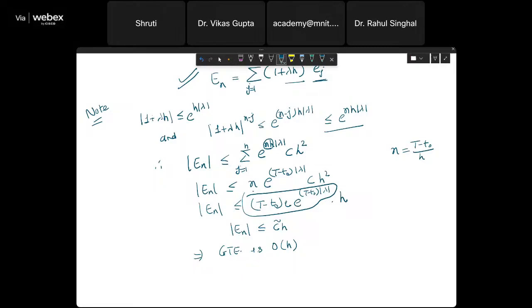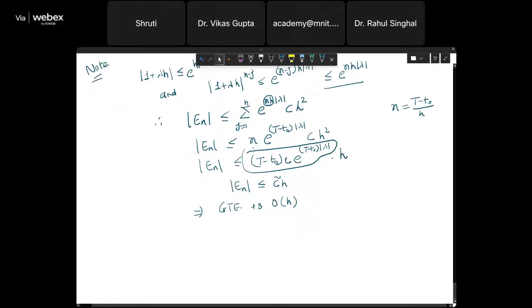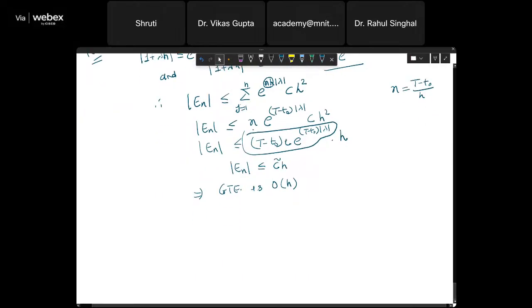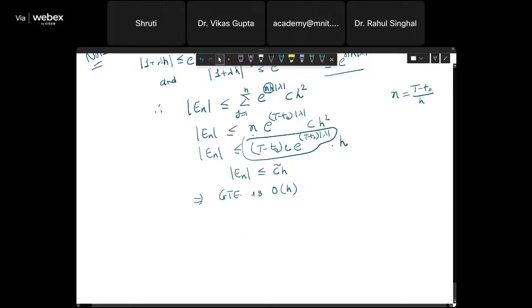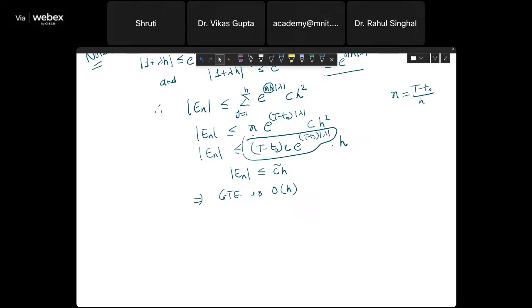I am going to discuss two methods, the trapezoidal method and Heun's method, and you can verify that both methods are of order 2. Local truncation error and global truncation error you can discuss in the same way for them also. So let me now define the trapezoidal method and Heun's method. First of all, I am taking the trapezoidal method.